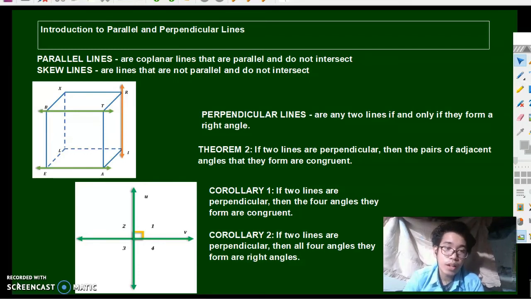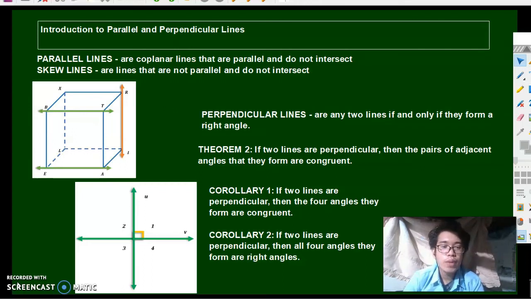We also have a pair of skew lines, which are lines that are not parallel and do not intersect. We have line BT and line RI, and these two lines will never intersect. Also line EA and line RI will never intersect. So we have parallel lines and skew lines.